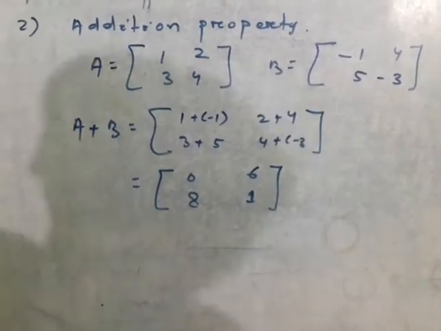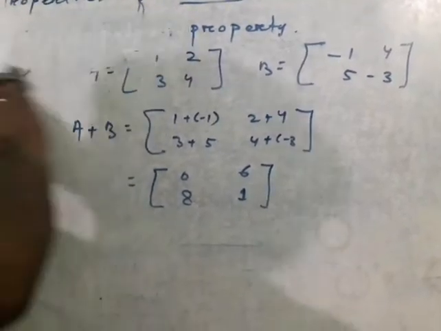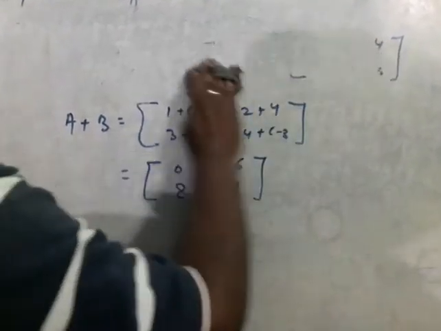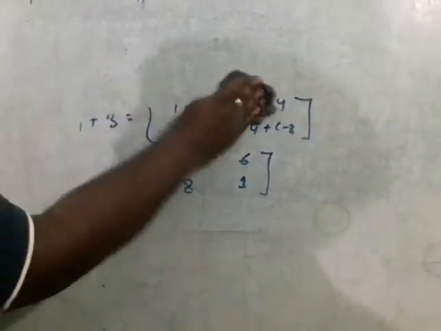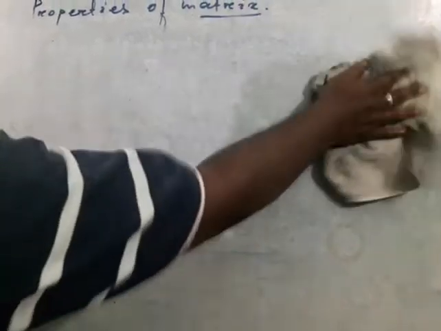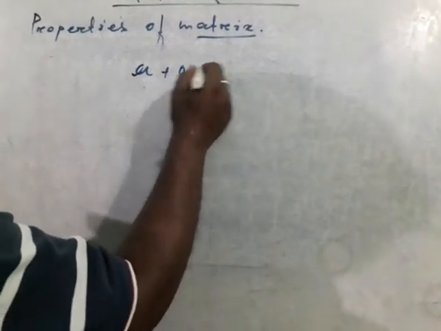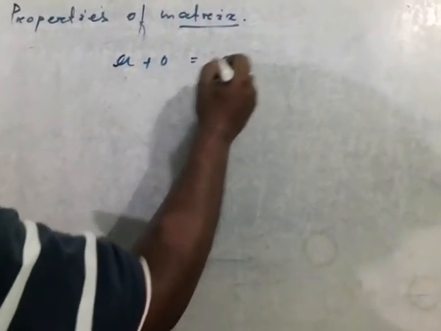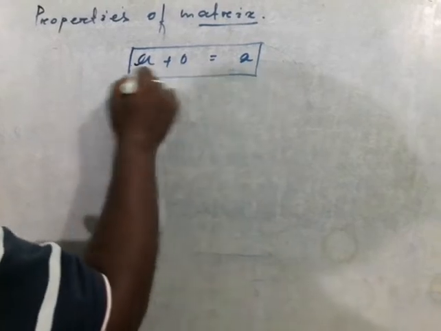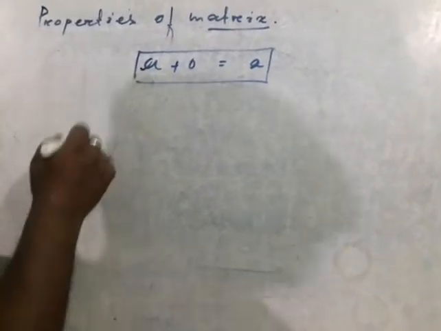Similarly, if we take the additive identities, just like in algebra, we have already seen that if we take A plus 0, this becomes A, which is a property otherwise called additive identity. A similar thing happens in the case of matrices.